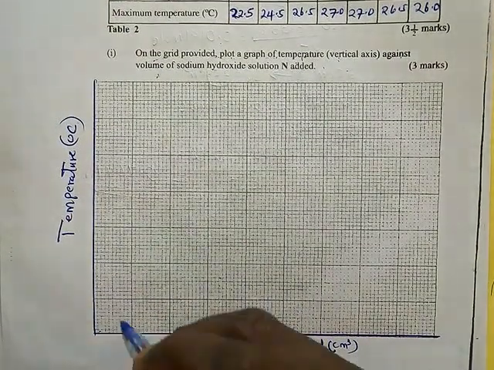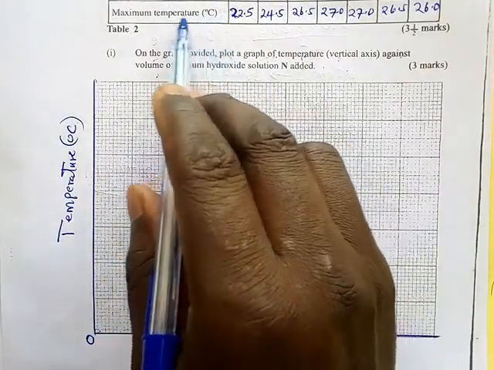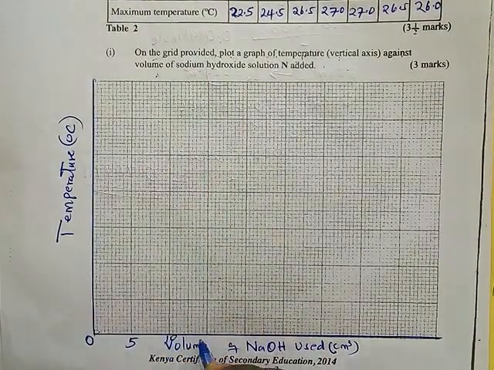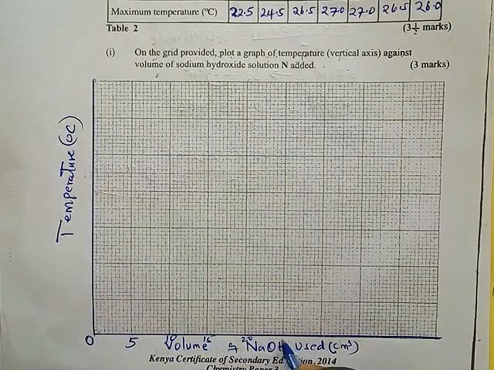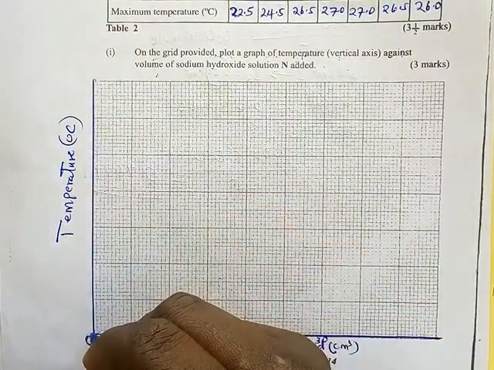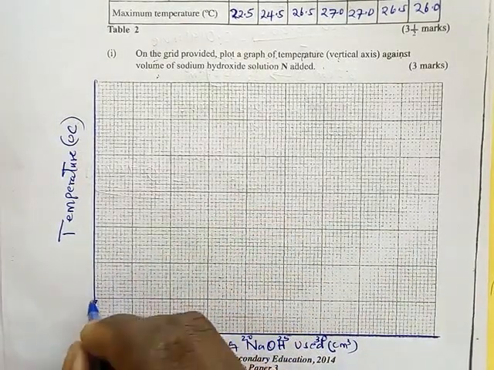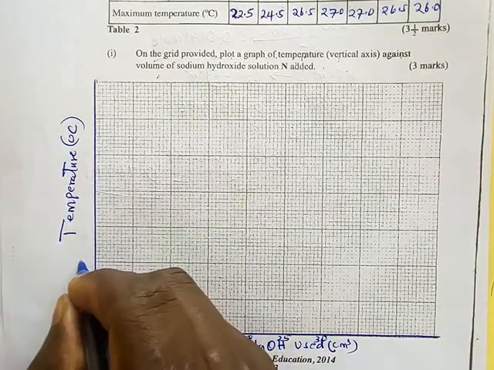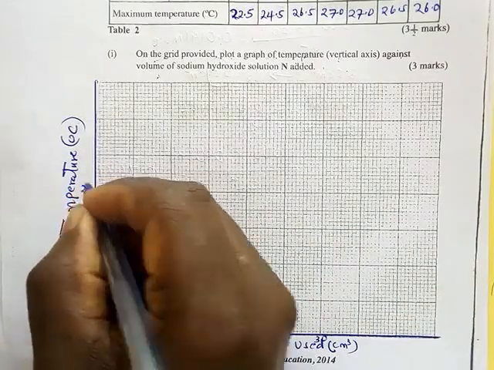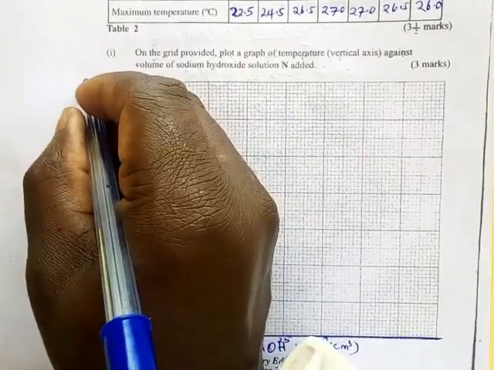Let us now go to the scale. We know temperature does not begin at 0, but our volume is going to begin at 0, and then 5, 10, 15, 20, 25, 30. Temperature, we will break this graph, and we shall start around 22, and then 23, 24, 25, 26, 27, 28.